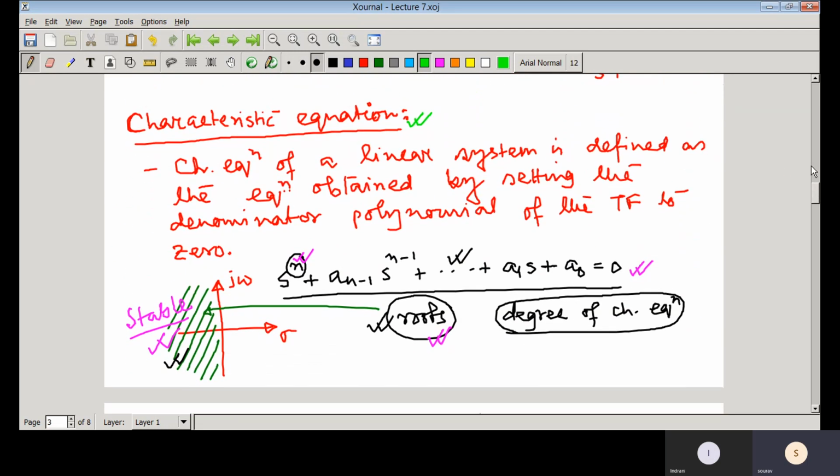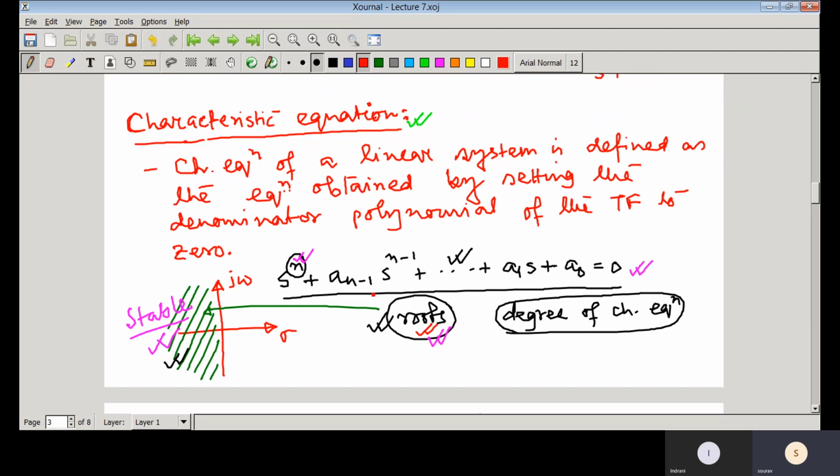It is called characteristic equation, and I hope you can understand why the name characteristic is used. The reason is the roots of this particular polynomial give you all the information.